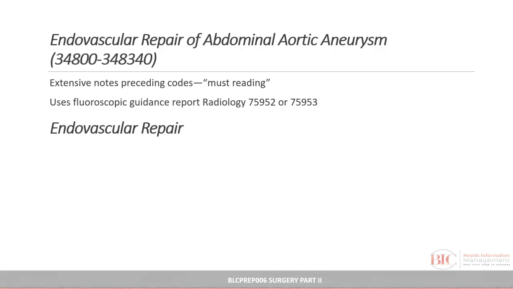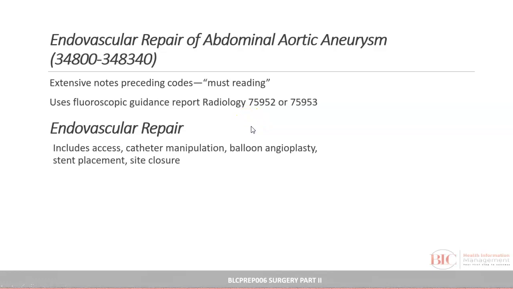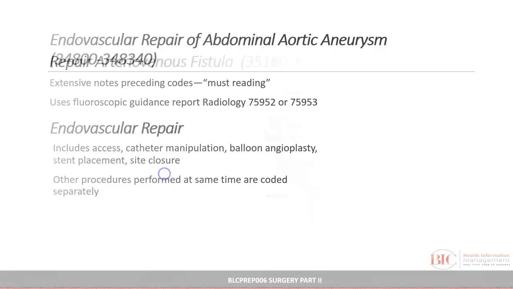You must read those guidelines. Again, if they're using fluoroscopic guidance when they're doing this repair, you can report that fluoroscopic guidance with your radiology codes. Endovascular repair includes the access, catheter manipulation, balloon angioplasty, stent placement, and site closure. Any procedures performed at the same time can be coded separately.